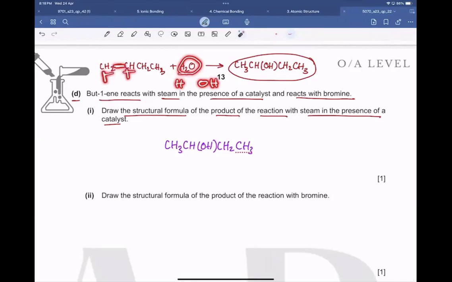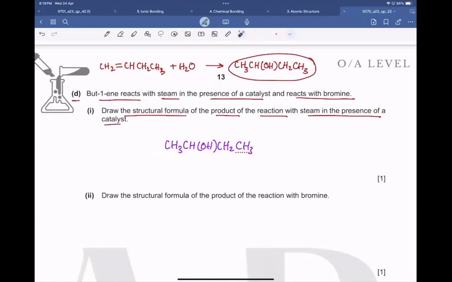One group bonds over here and one group over here. So we can make it like this, putting H over here and OH over here. So in this way, it becomes CH3, and this CH has an OH, so CHOH, and then CH2, CH3. Otherwise, that is also possible when it becomes a single bond. You can put an OH over here and H over here. In either way, it is considered a correct one. Okay.